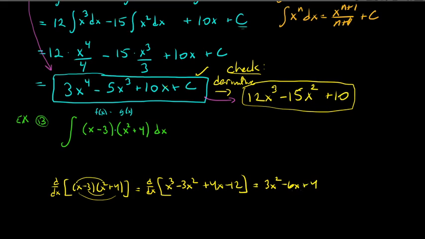Even though this is a product, this is one where you can multiply it out. In fact, we did that already, but now we're taking the integral of it instead of the derivative. We're taking the integral of x cubed minus 3x squared plus 4x minus 12, with respect to x. So at this point, having expanded it out, we do the same rule that we did in the previous problem.